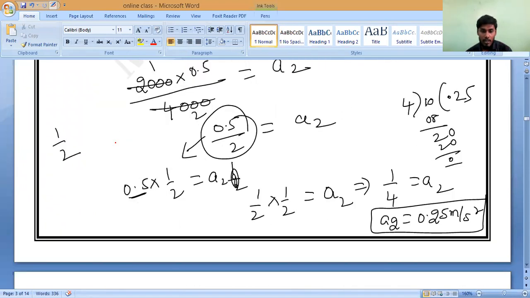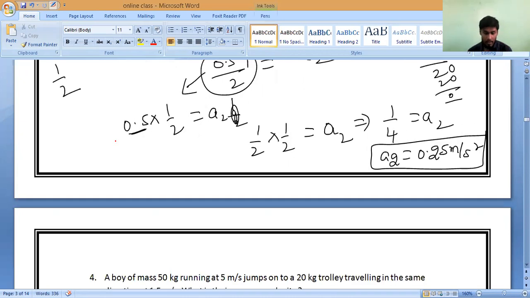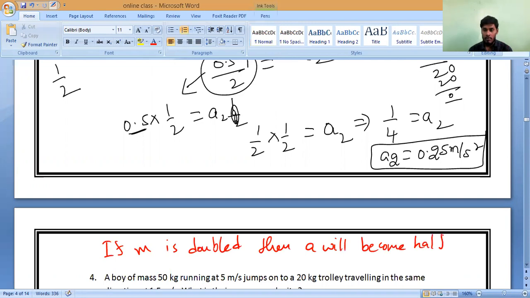Here I will write it. If M is doubled, then A will become what, Ra? A will become half. Halved. Very good.